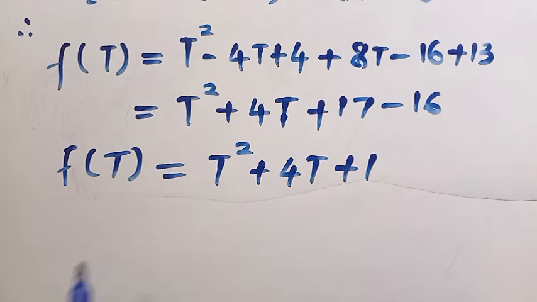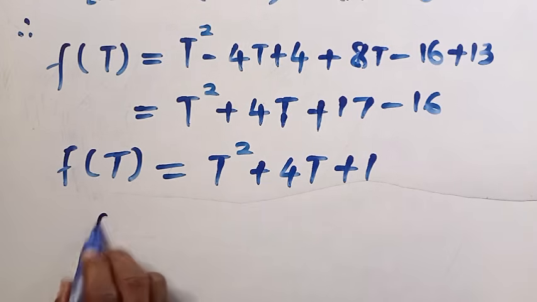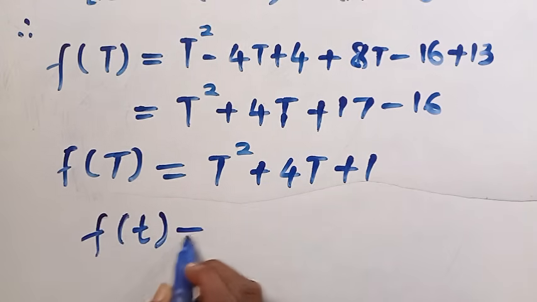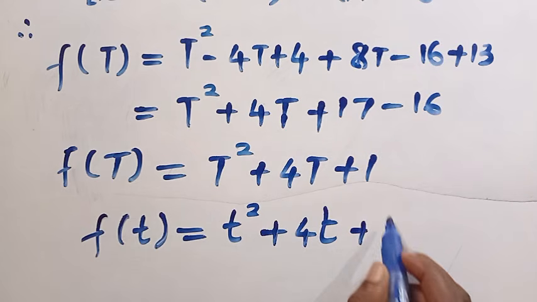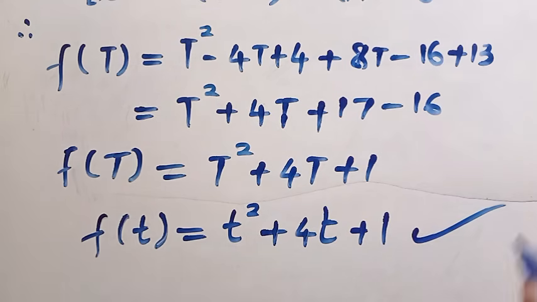And we need to get t, so by replacing capital T with small letter t, we have f of t equals t squared plus 4t plus 1. We have the same answer using different methods.